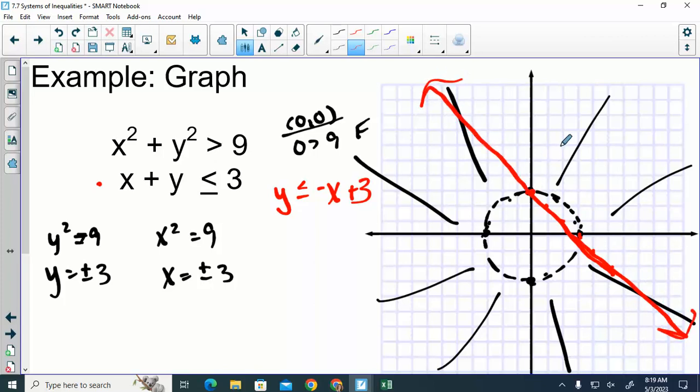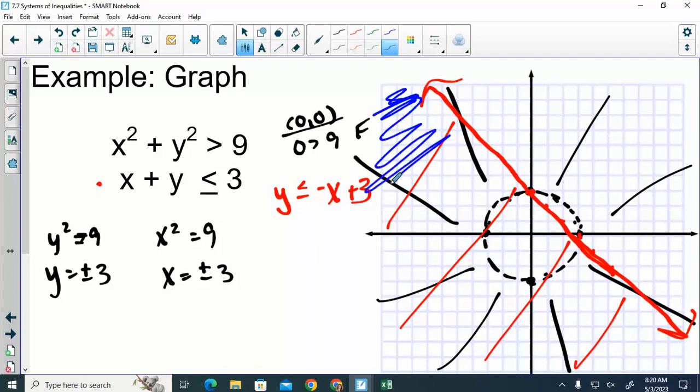Okay, can you tell where you would shade? Less than is below, or if you do a test point, you get 0 is less than 3, which is true, so 0, 0 works. So our solution is everything under that line and outside the circle.